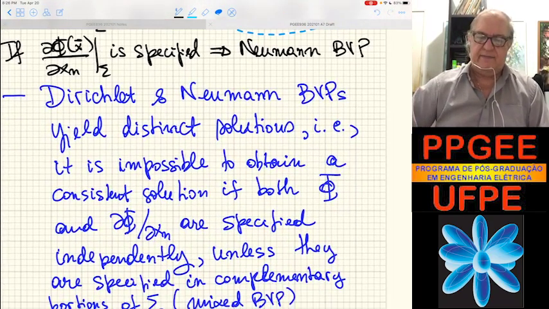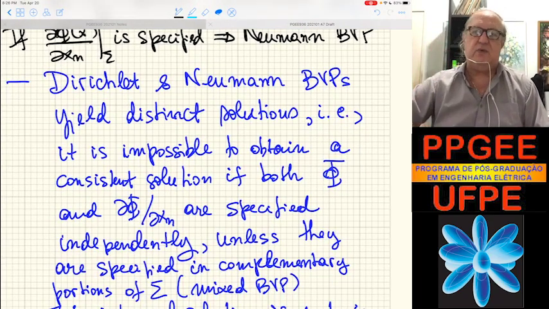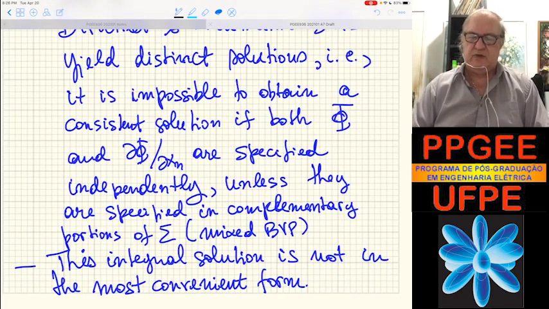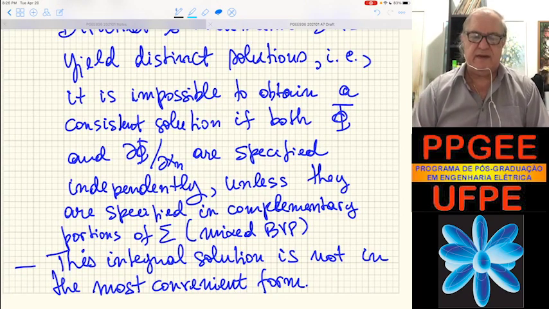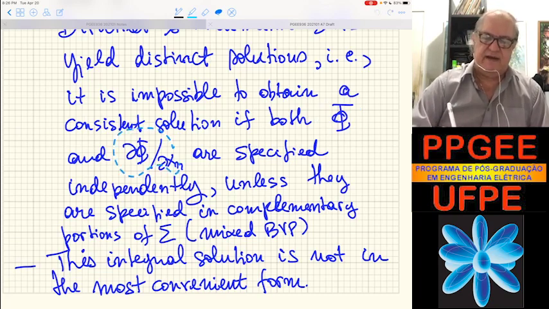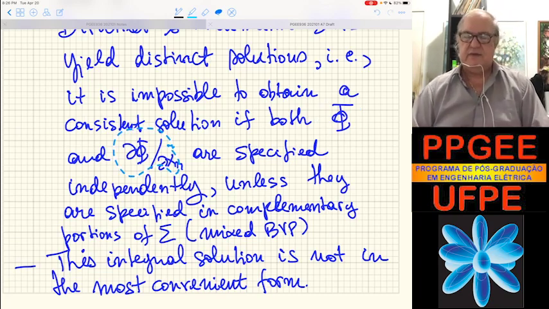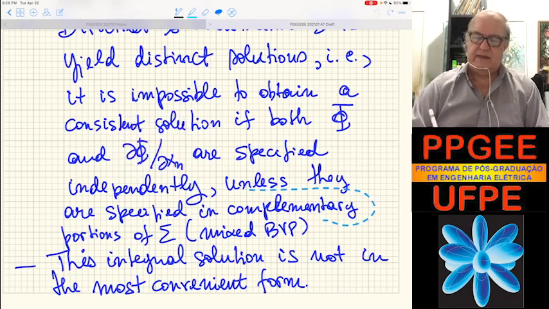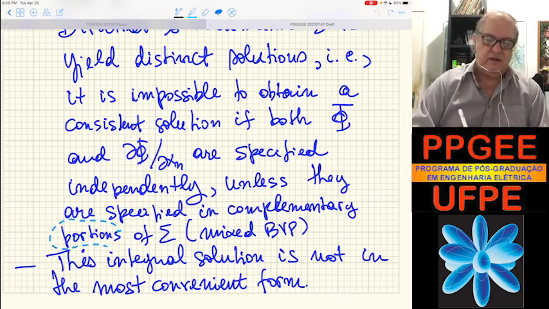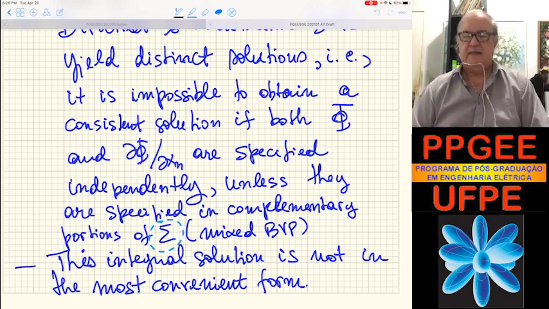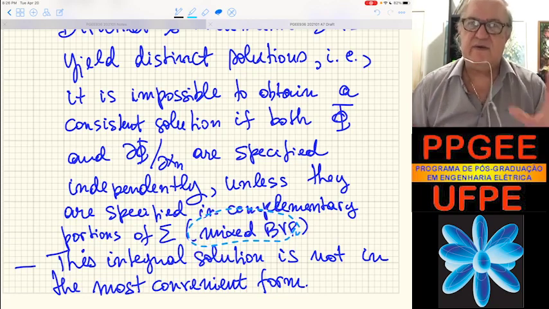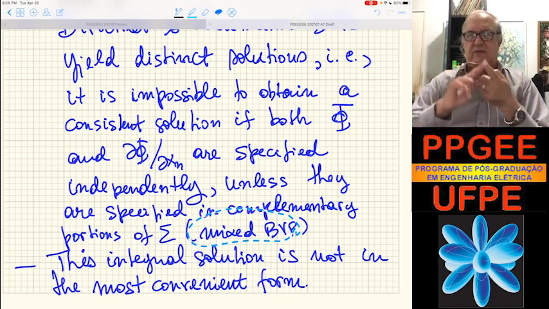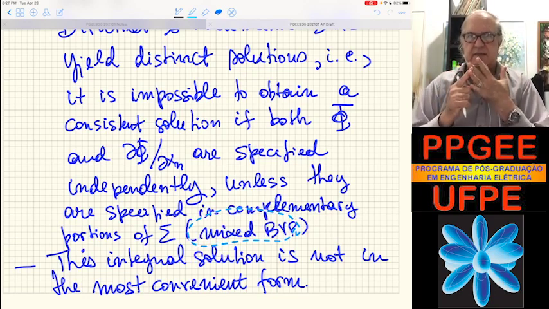So those BVPs yield distinct solutions, and it's not possible to obtain one single solution for both problems if those conditions are independently specified, unless you can specify them in complementary portions of the surface. That's called a mixed BVP. In this case, I have a consistent solution, right? So you have Dirichlet, Neumann, and mixed.